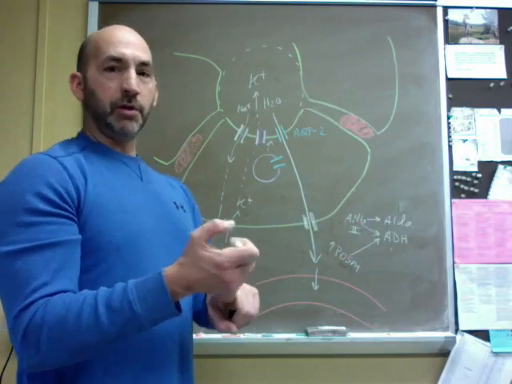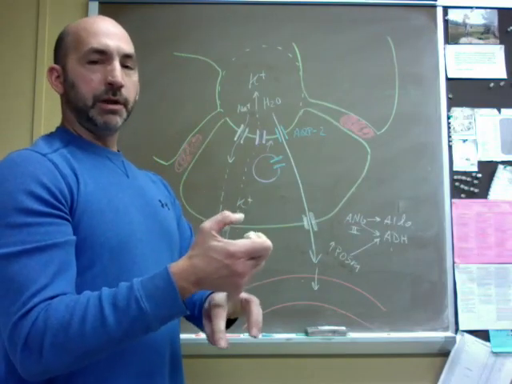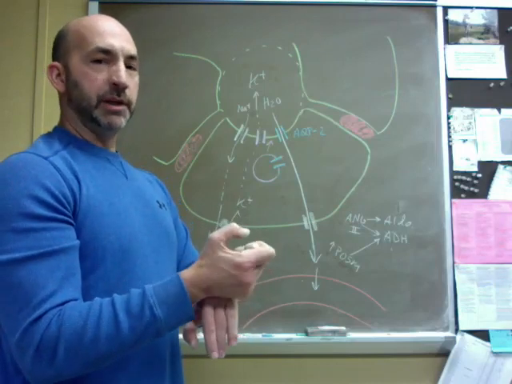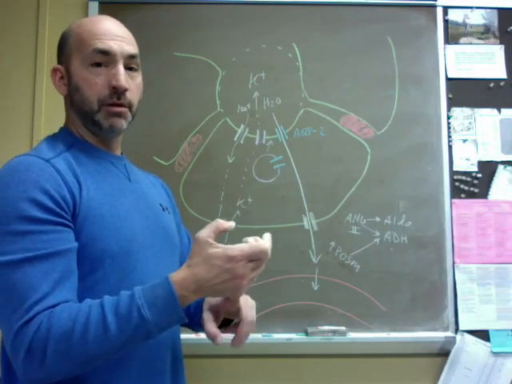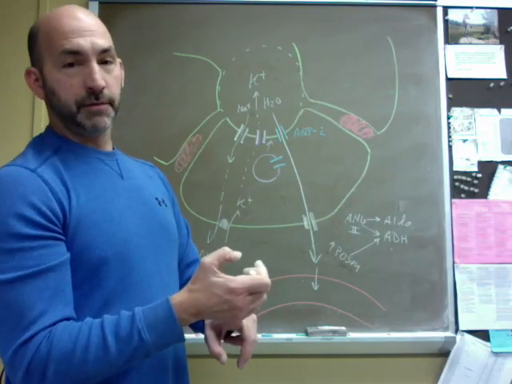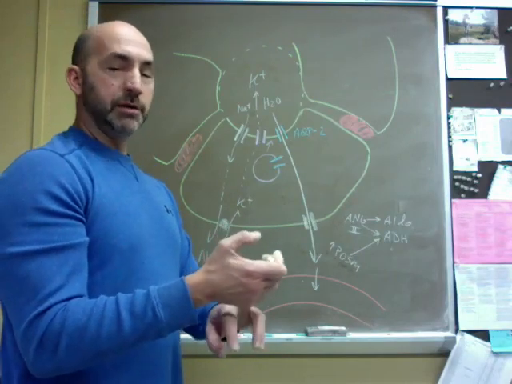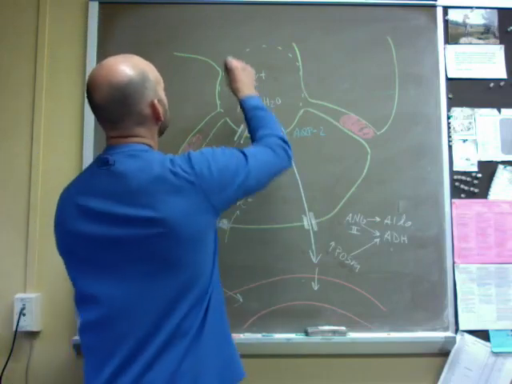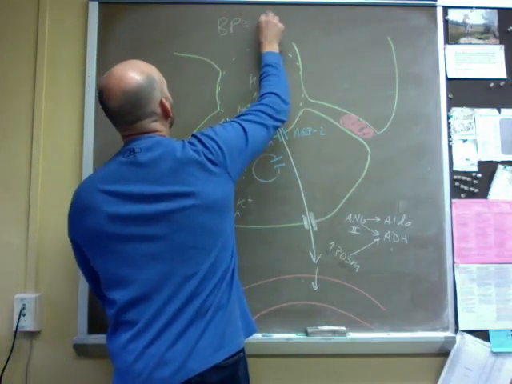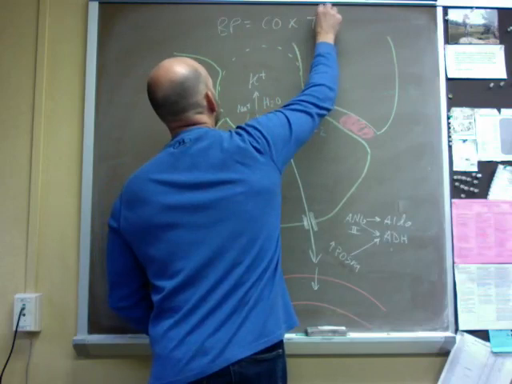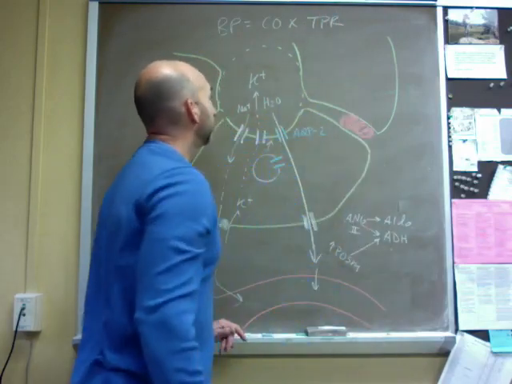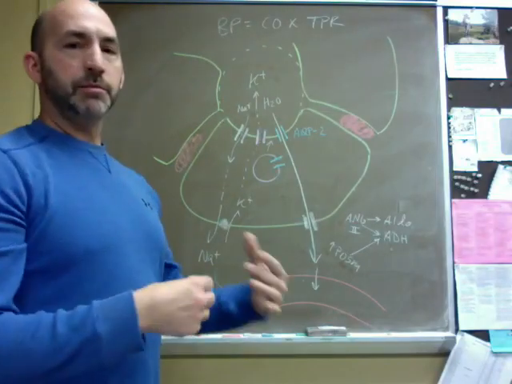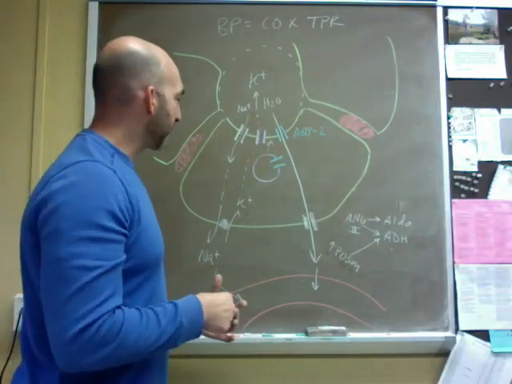Because we reabsorb more sodium, we're going to reabsorb more water, which means our blood volume will go up, which means our venous return will go up, which means our stroke volume will go up, Frank-Starling mechanism, which means our cardiac output will go up, which means our blood pressure will go up. You can never forget the blood pressure equals cardiac output times total peripheral resistance. Right? If we increase cardiac output, we increase our blood pressure, helping us to solve the original problem.